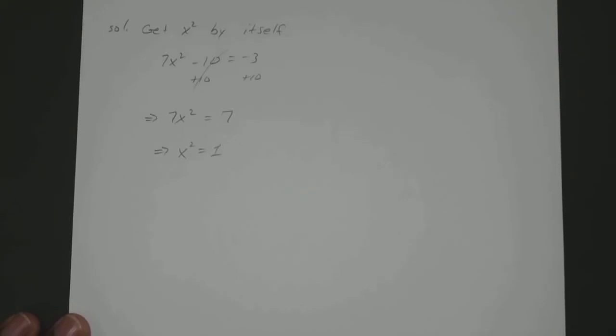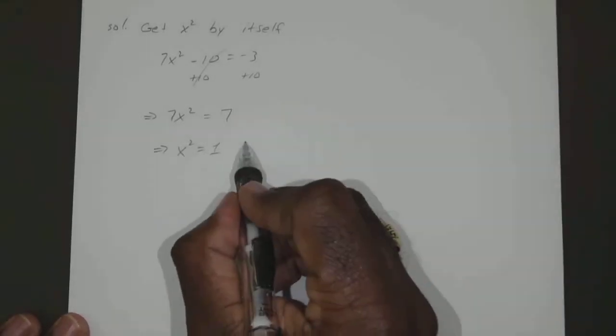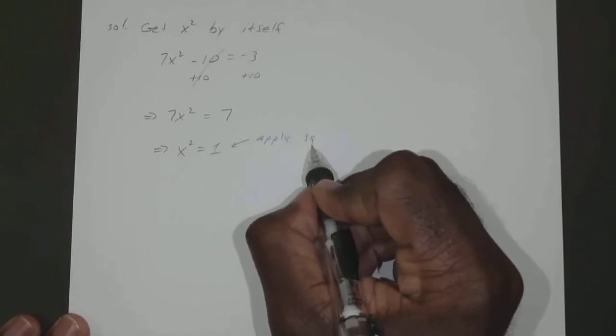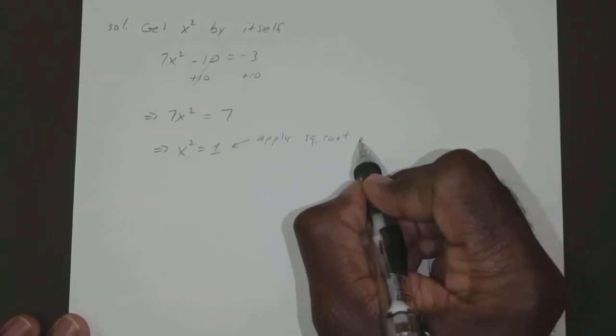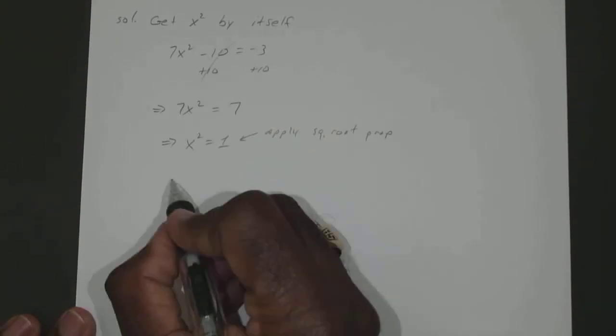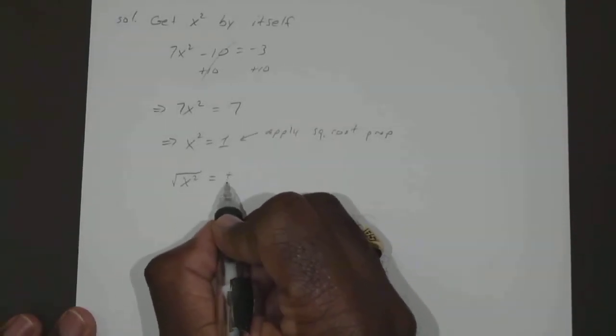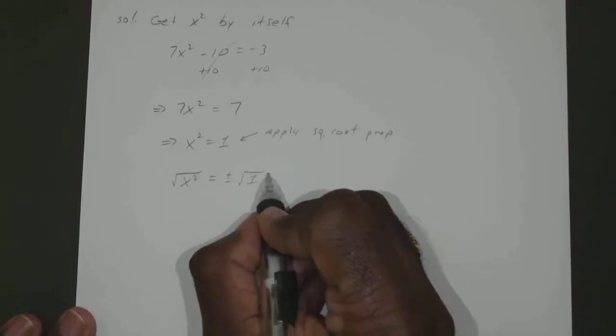Okay, so now we have the x squared by itself. We'll apply the square root property. So you have the square root of x squared equals plus or minus the square root of 1.